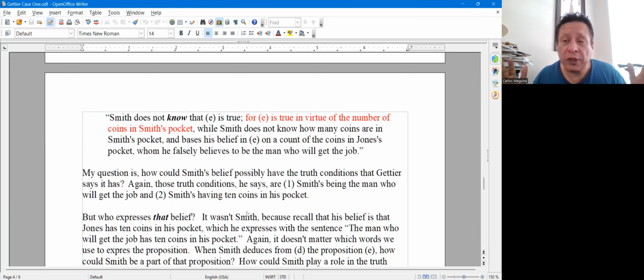The only belief in question here is Smith's belief, and he says Smith's belief is made true by the coins in Smith's pocket. So how could Smith's belief possibly have the truth conditions that Gettier says it has? Again, those truth conditions, he says, are Smith's being the man who will get the job and Smith's having 10 coins in his pocket, right?